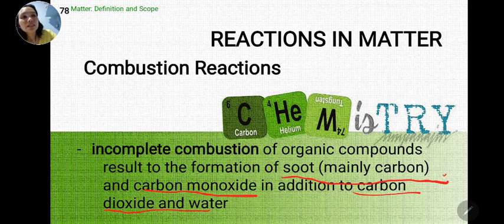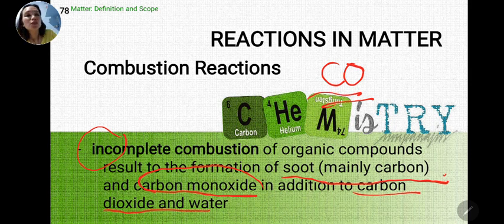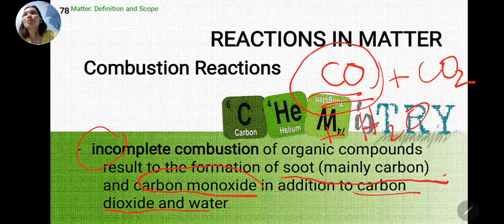Kapag may present na carbon monoxide or CO, ibig sabihin, hindi siya complete combustion, incomplete siya kasi may carbon monoxide and soot. So, carbon monoxide plus carbon dioxide, CO2, plus water, that is an incomplete combustion because of the presence of carbon monoxide. Kapag walang carbon monoxide, only carbon dioxide and water, that is a complete combustion.